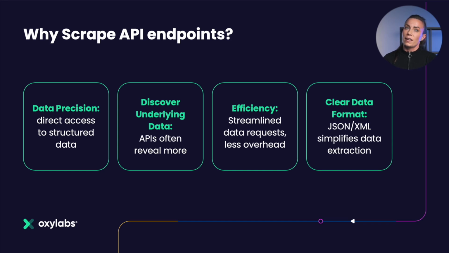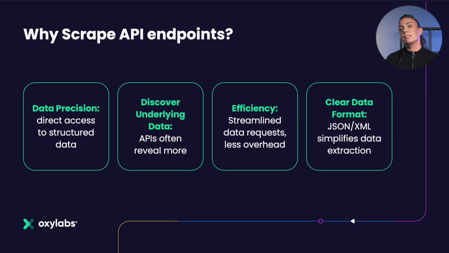Another notable advantage is efficiency. Scraping endpoints involves making targeted requests for specific data, bypassing the need to load unnecessary resources such as images or scripts, resulting in more efficient resource utilization. Furthermore, APIs deliver data in predictable formats such as JSON or XML, making it easier to distinguish useful information.